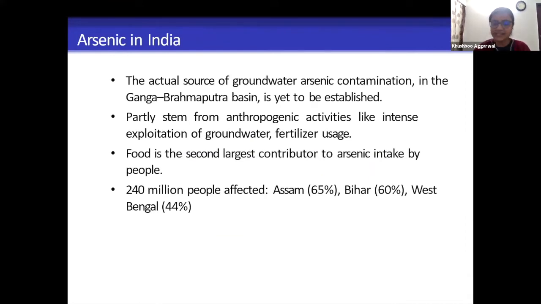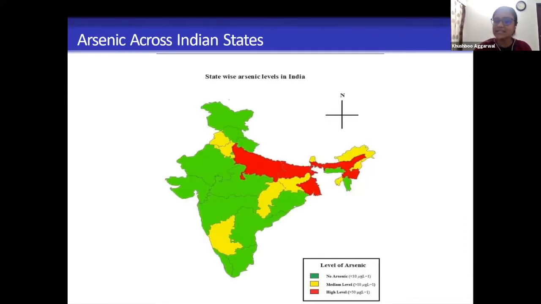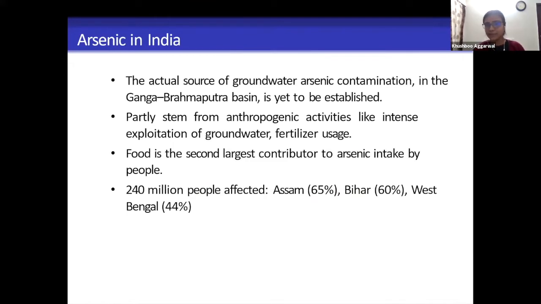As I've already shown, the major source is the Ganga-Brahmaputra basin, but the reason has not been established as yet. Unlike other studies which argue that the presence of arsenic in a region is a naturally occurring process, in this study we argue that it is mainly affected by anthropogenic activities like intense exploitation of groundwater and intense usage of fertilizers.